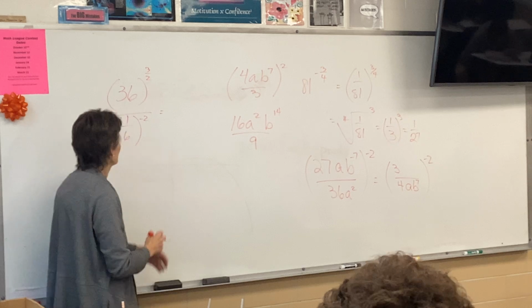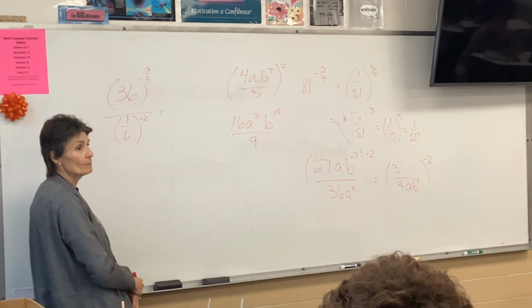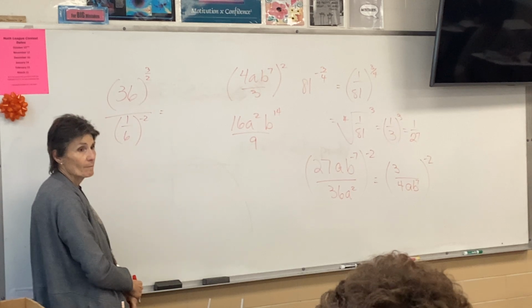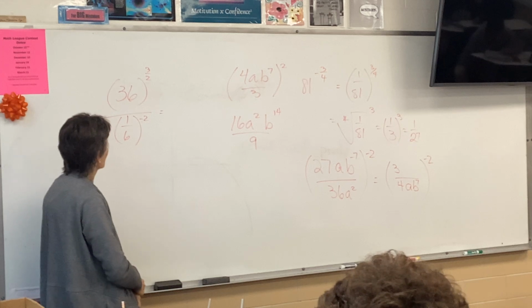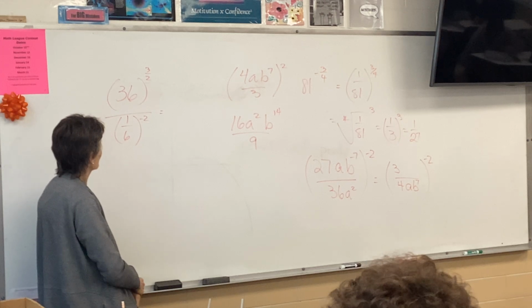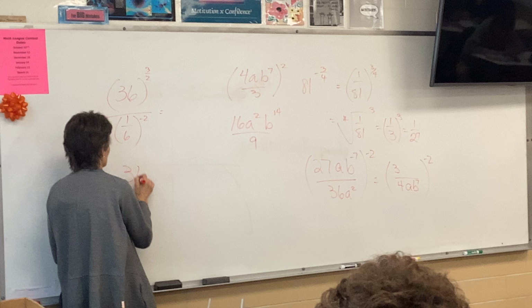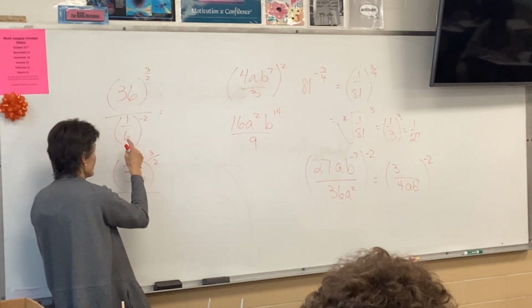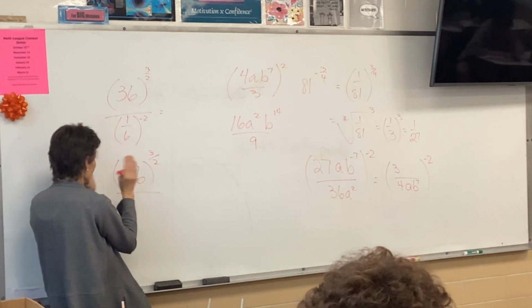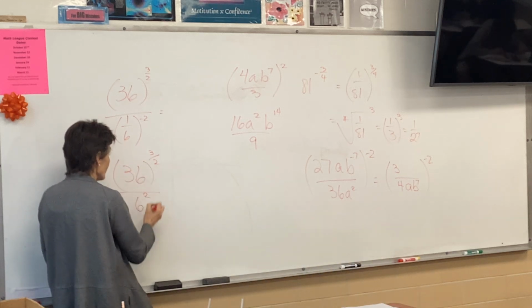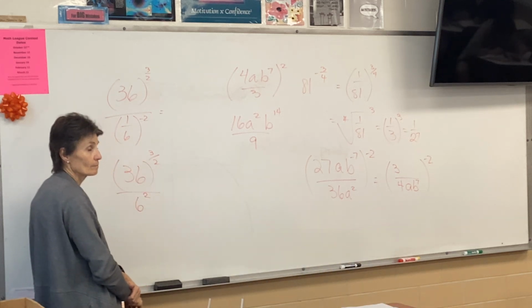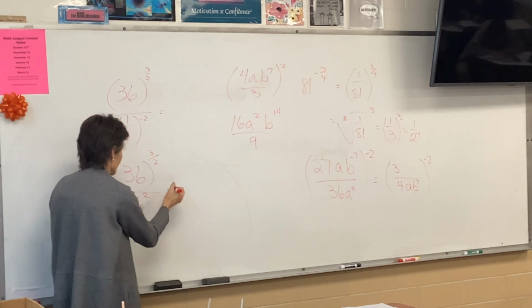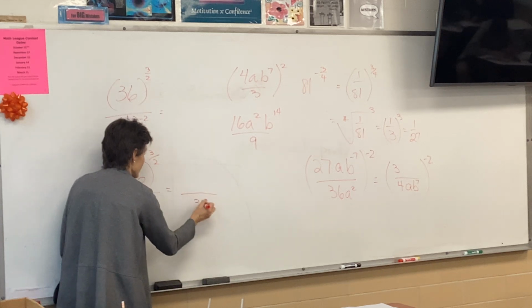What do you think here? What do you want to do here? Flip the 1/6 into 6. All right, so there's my top, now I'm just focusing, like Alex said, on the bottom, and that's going to become 6 squared, which is 36.